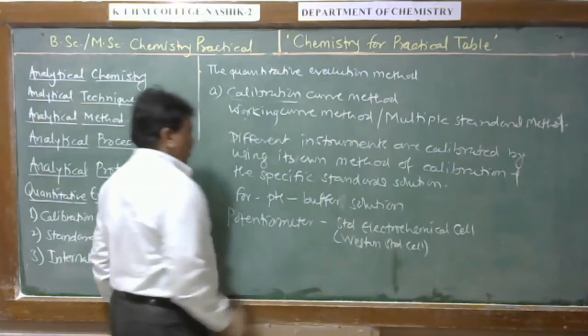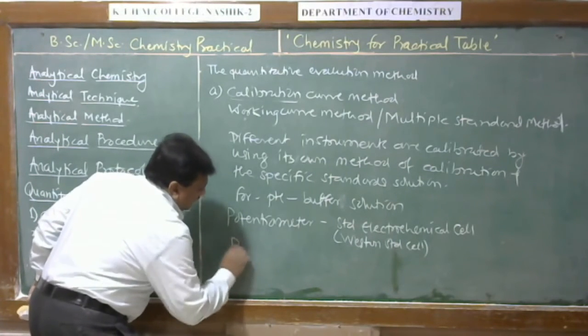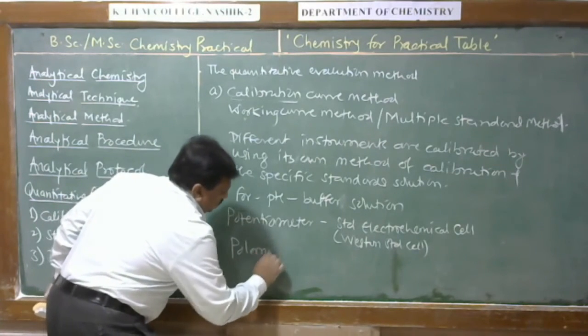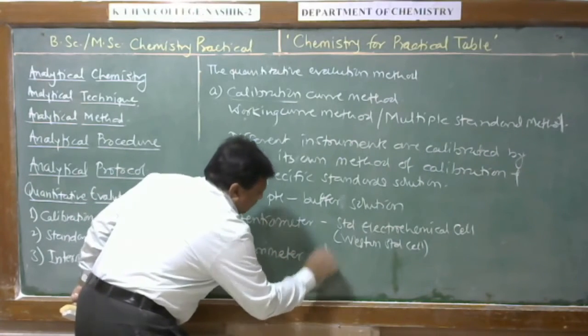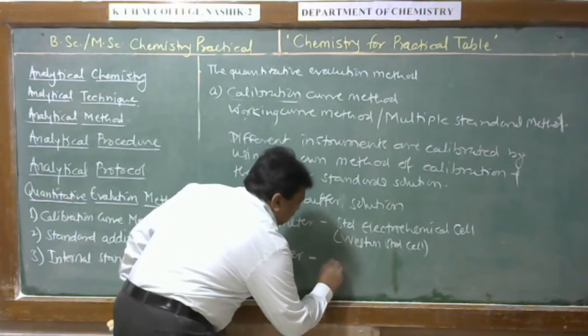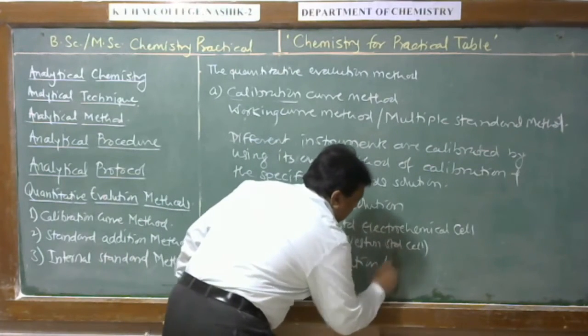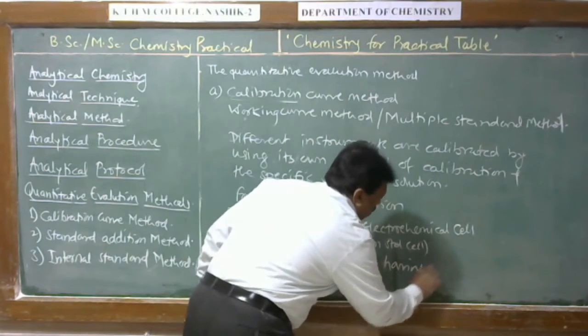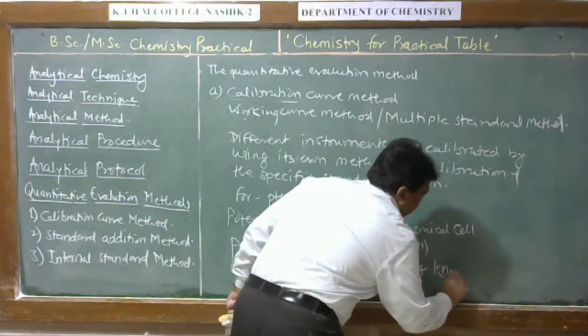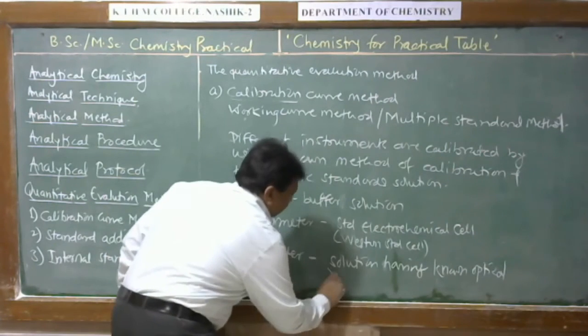For calibration of potentiometer. Similarly, a polarimeter, that instrument measures the optical rotation, that can be calibrated by using a solution having known optical rotation.